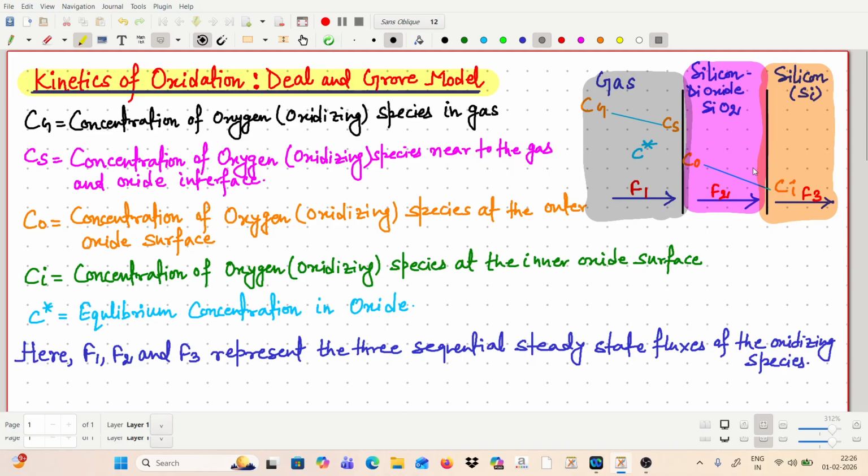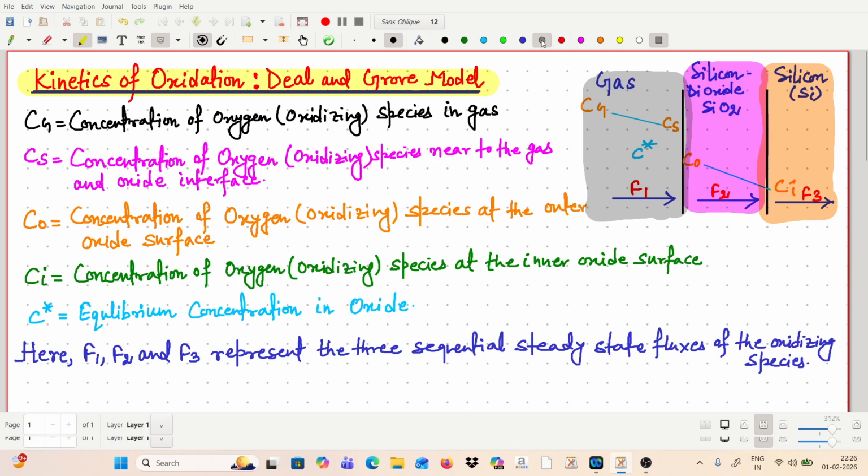So SiO2 formation, then the surrounding, which is basically the gas. Here we have written so many things like Cg, Cs, C naught, Ci, C star, F1, F2, F3. What are these terms? We will discuss that first.